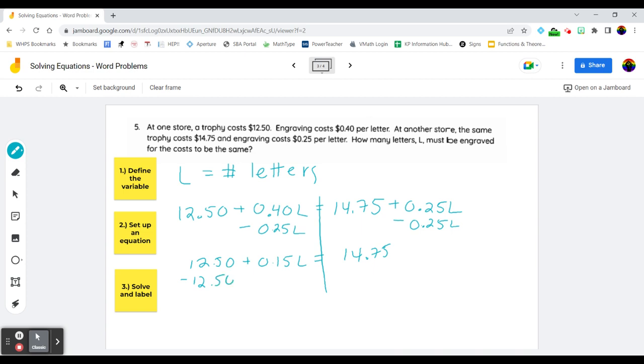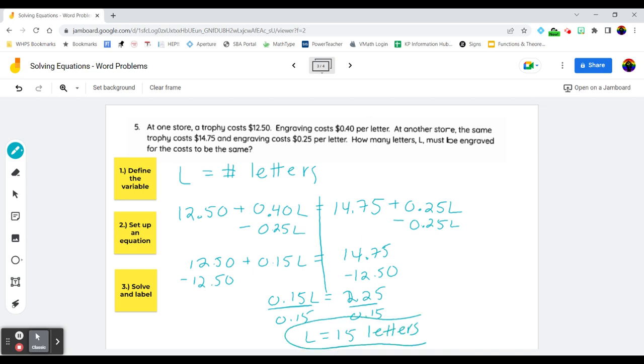I'm going to subtract 12.50, so 0.15L equals 2.25. Then I'm going to divide both sides by 0.15. And so there will be 15 letters engraved in order for the two trophies to cost the same.